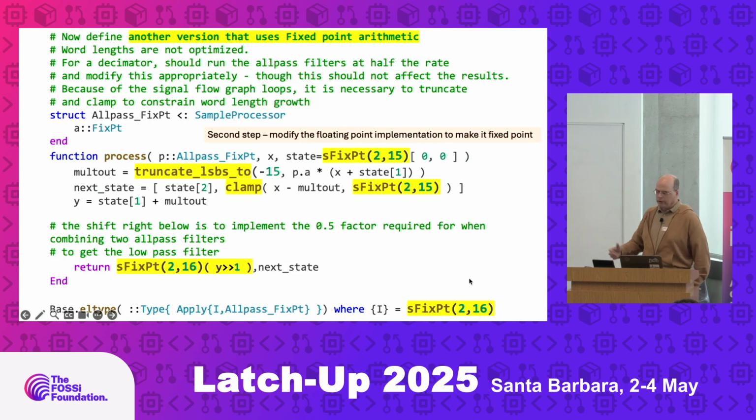Switching to fixed point, it's basically the same thing, but a few extra bits have been added to make it fixed point. In fixed point arithmetic, you end up with extra LSBs and extra MSBs. You need to get rid of those to close the loop. So that means truncating things, clamping things, and a little bit of annotation of some of the fixed point numbers.